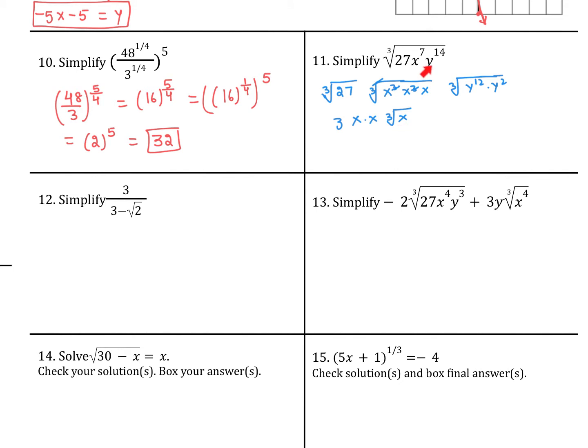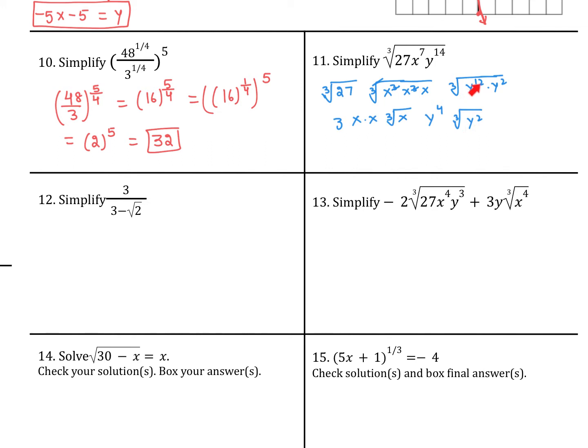Now we break the y to the power 14 as y to the power 12 times y to the power 2. Total is 14. Now 12 divided by 3, you divide this number by the number outside. So 12 divided by 3, you got y to the power 4 outside, and inside you're left with y squared. So this y squared remains inside.